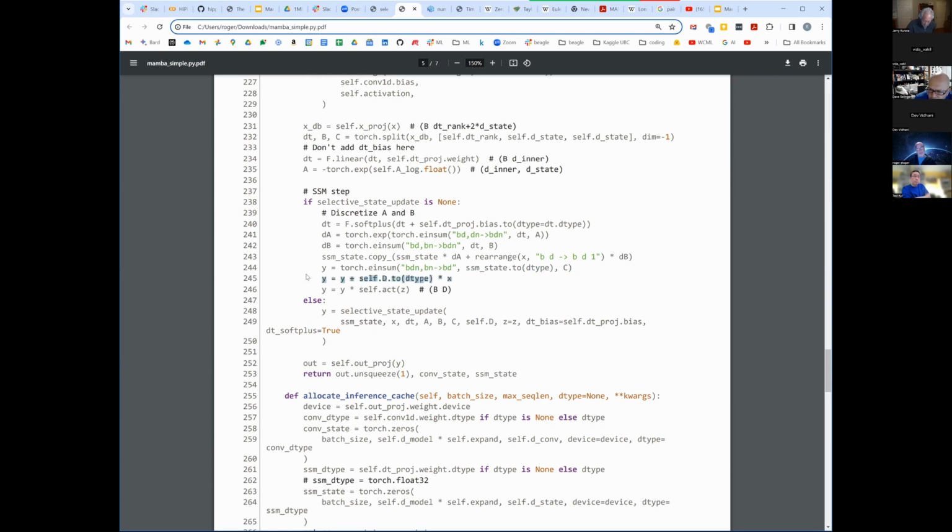So what Vida is saying is right, that they have Mamba, which has a list of residual blocks, and the residual blocks are nothing but Mamba blocks and RMS norms in there. So maybe this Mamba simple, Roger, is just one layer.